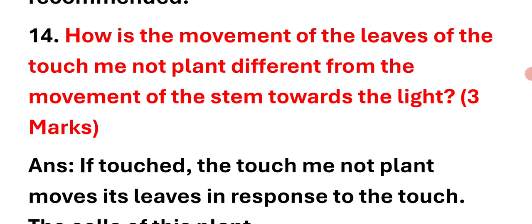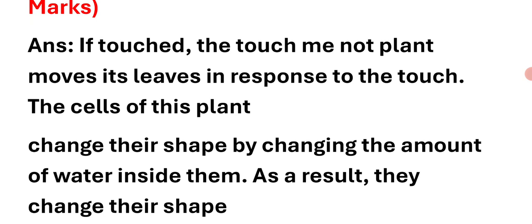Question number 14. How is the movement of leaves of the touch-me-not plant different from the movement of the stem towards the light? 3 marks question. If we touch the touch-me-not plant, it moves in response to the touch. The cells of this plant change their shape by changing the amount of water inside them.